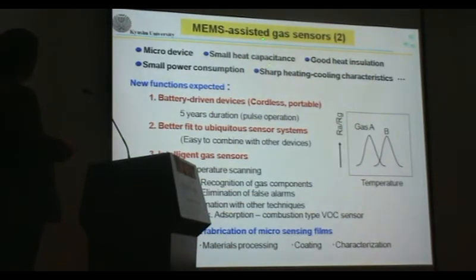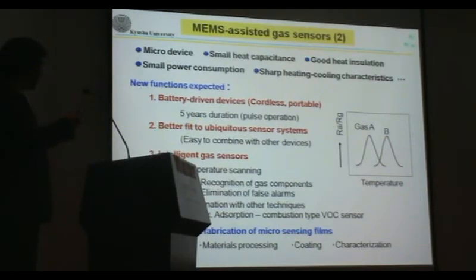And MEMS-assisted gas sensors have very interesting properties for other applications. One is battery drive: such a MEMS device can work for 5 years using lithium-ion batteries.